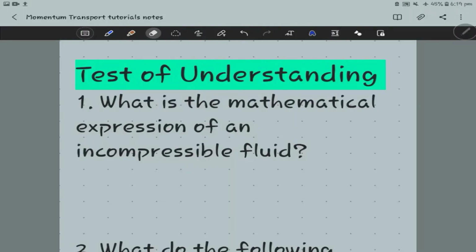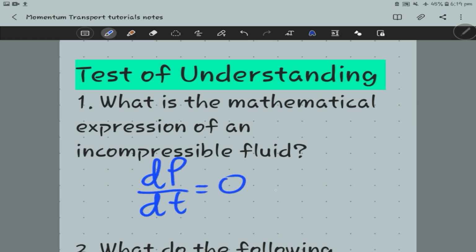We are testing our understanding of momentum transfer, right? So, one, what is the mathematical expression of an incompressible fluid? Incompressible means that even if you try to apply a force on it, it doesn't change the density, right? Writing that mathematically, we say the derivative of the density of the fluid with respect to time is equal to 0, right?